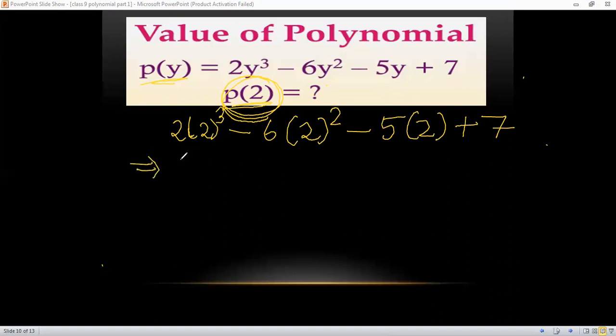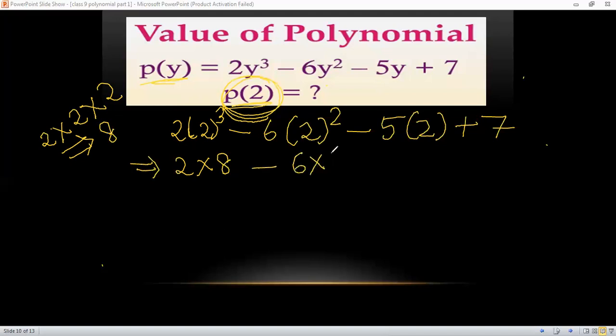You know that if we multiply 2 three times, we will get 8. 2 power 3 means 2 into 2 into 2. So I will write 8, minus 6 into 4, minus 5 into 2, plus 7.